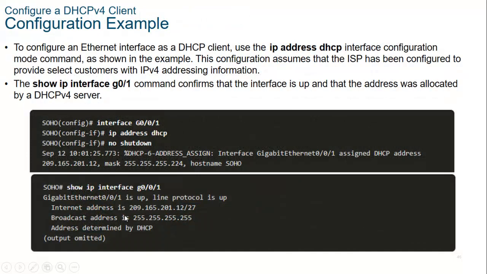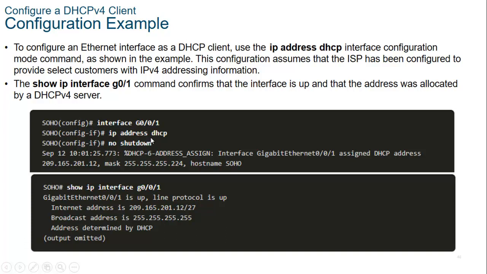The configuration assumes that the ISP has been configured to provide select customers with IPv4 address information. So in the SOHO router, in interface G0/0/1 that is connected to the ISP, we type ip address dhcp, no shutdown.